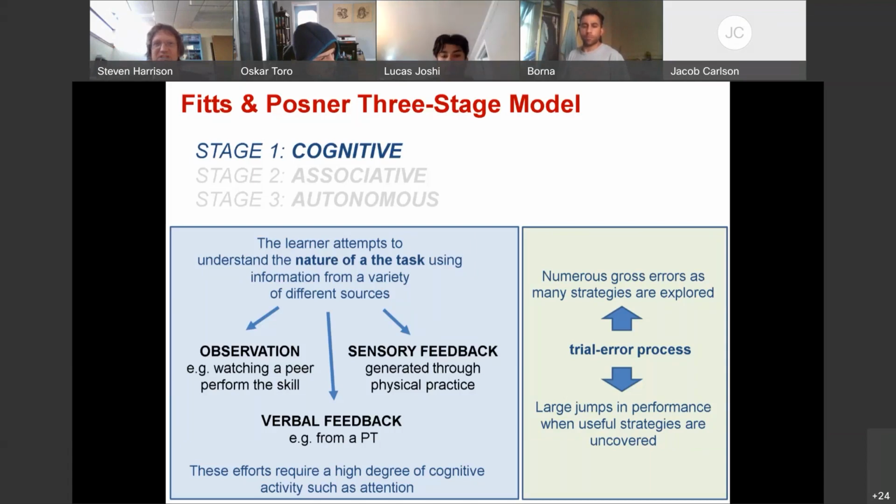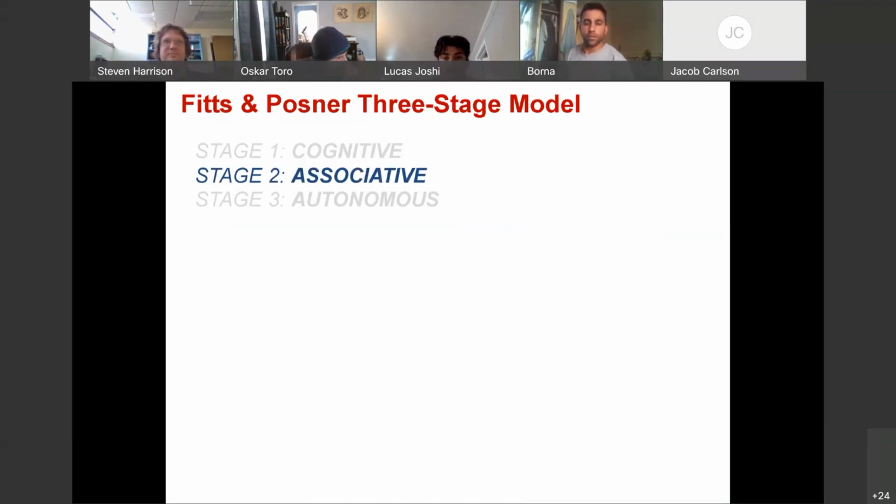So your ability to perceive what position your body is in via proprioception is going to be part of the sensory feedback that would go into your cognitive conception of what you're doing. That's quite different from the role of proprioception in the autonomous stage, or even the associative stage, for building up connections between proprioceptive information and the control of the action. Thank you. Okay, great.